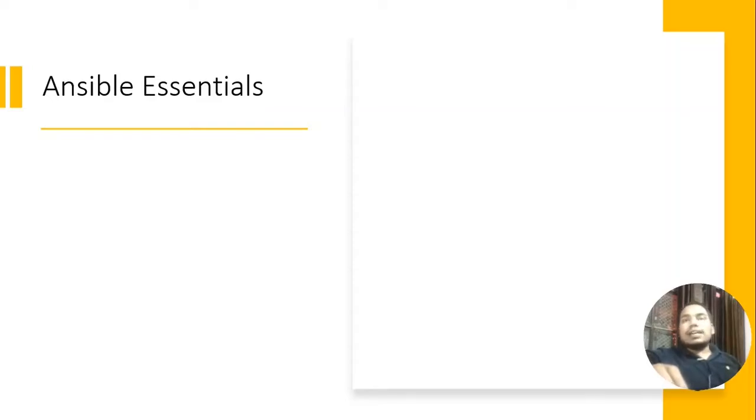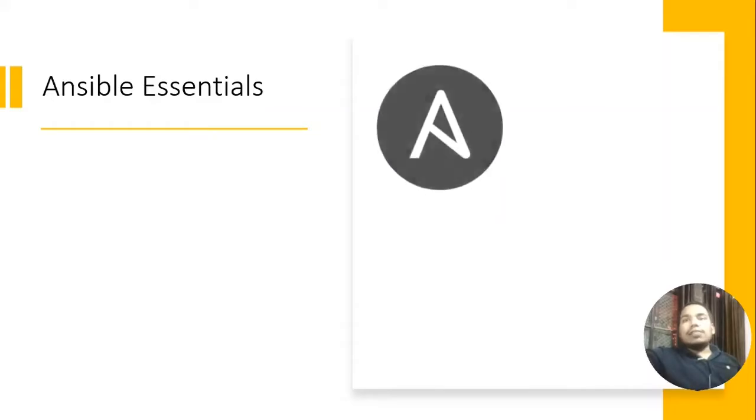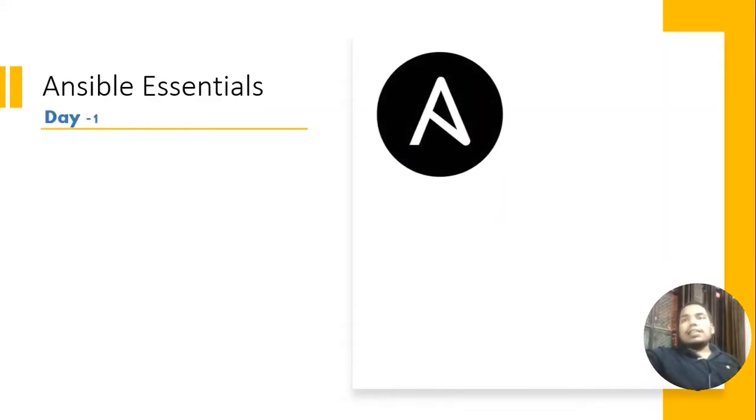So let's start. This is day 1 and these are the topics we're going to cover today. First, we'll talk about DevOps tools and compare some of them in brief, like Chef, Ansible, Puppet and SaltStack.